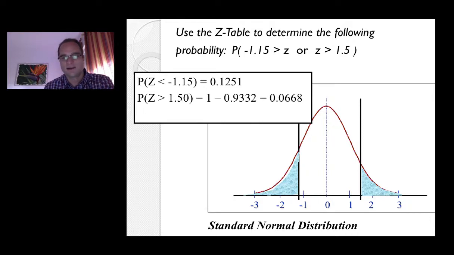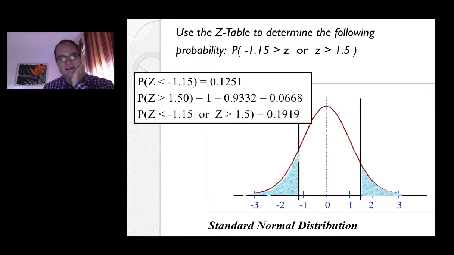Then I look up 1.5 and it gives me 0.9332, but that's not what we want. We want the complement of that, so we want 0.0668. So 0.0668 plus 0.1251 gives us 0.1919, and that is the answer to that problem.